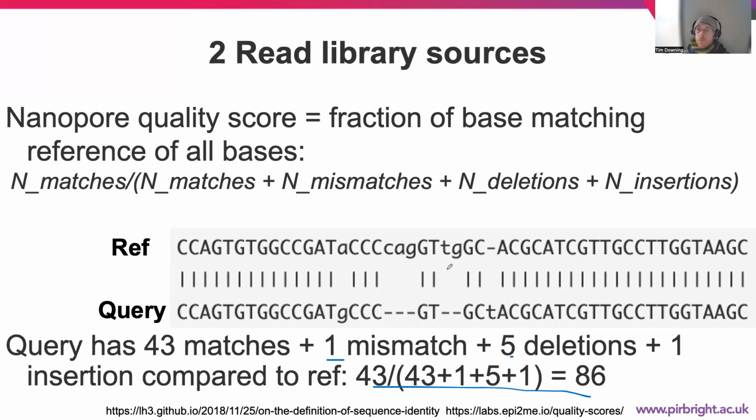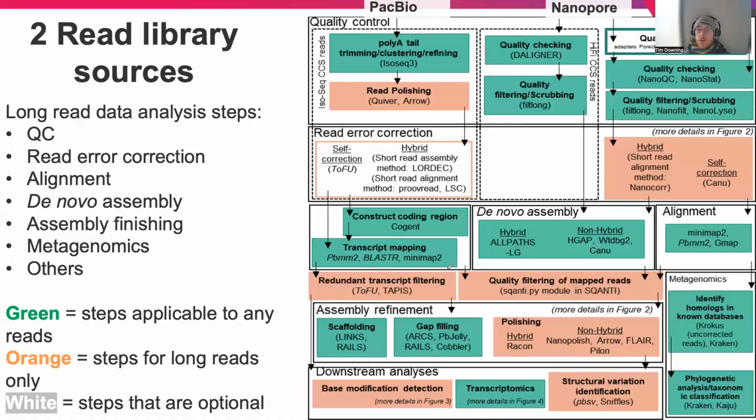If we look more broadly at where QC lies in this bigger area, we can see that it's very fundamental. This is looking at PacBio data here on the left. Once we're doing QC, we look at read polishing with Conver or Arrow after polyA tail trimming with IsoSeq3.